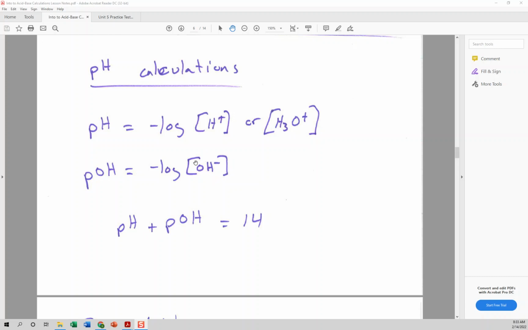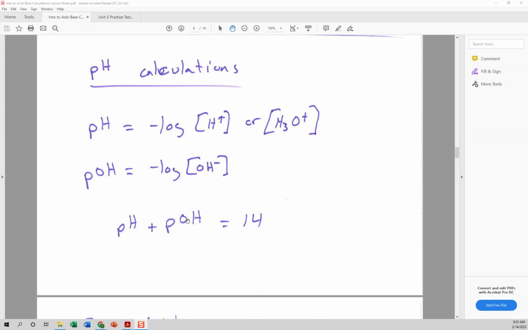Or I could use KW equals H+ times OH- to find hydroxide given H+, or find H+ given hydroxide molarity, right? So given one of those values, you can calculate all those things.